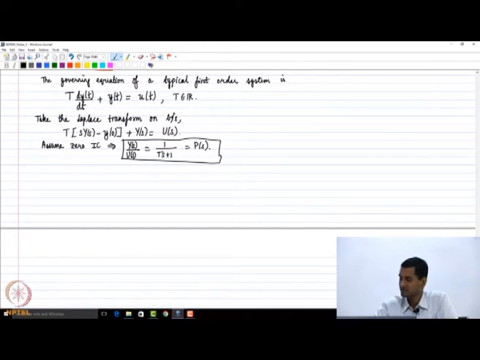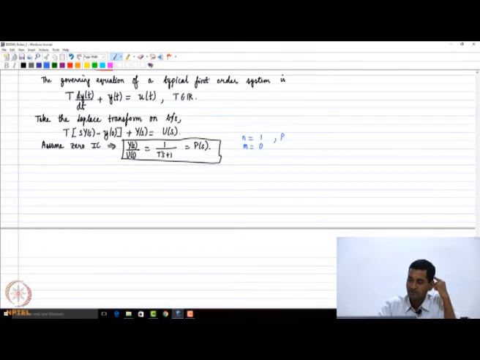Pretty straightforward. Now, from this, what are the values of n and m? I just want you to develop these things as a habit, so that whenever you are doing this analysis, you write all these things down, whether they are relevant or not. In some cases m may be 0, but that shouldn't prevent you from writing the value of m. So what are the values of n and m here? n is 1, m is 0.